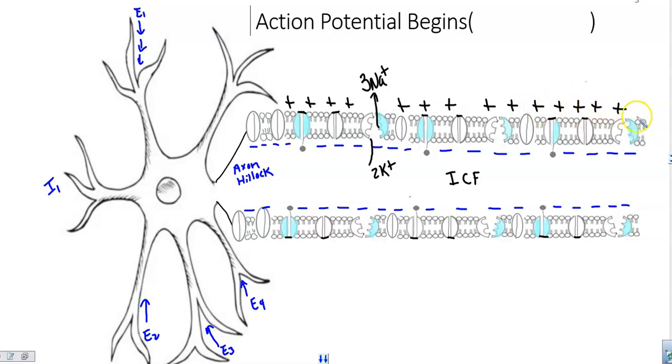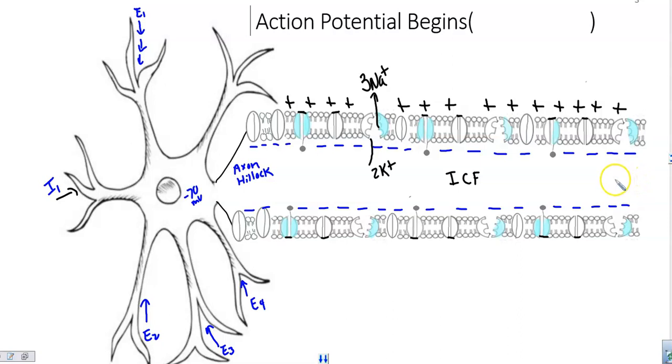Polarized was when the inside of the axon is negative and the outside is positive. It's important for us to understand that. This is at rest. And it's important for us to remember at rest, the potential difference was a negative 70 millivolts approximately. So we've got a negative 70 here, a negative 70 all down that axon.